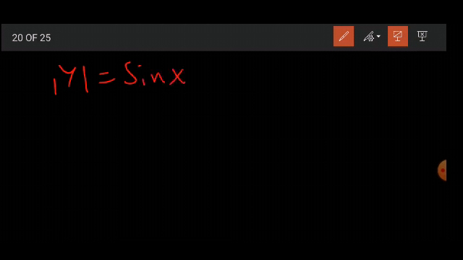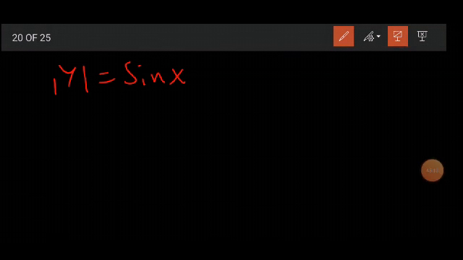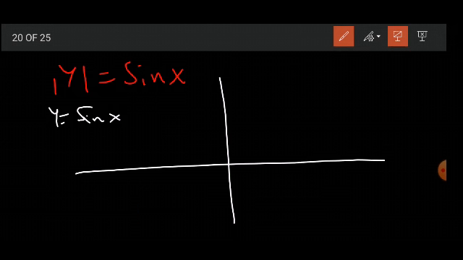For this you have to draw the graph of y = sin x first. How to draw the graph of y = sin x? Like this. This is the graph of y = sin x.